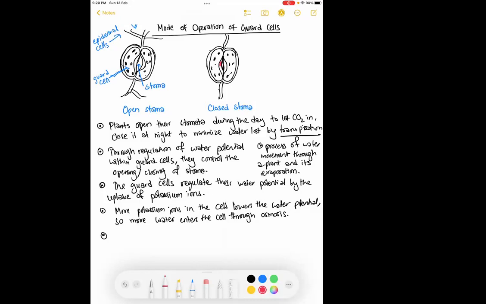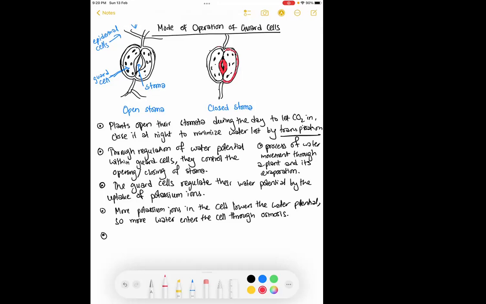So this thing is also the cell wall of the guard cell. Okay, these are all the cell wall. Now, this part facing the stoma is thicker than the other side, right? The cell wall on the other side is quite thin. So when water enters the cell through osmosis, the cell will expand.